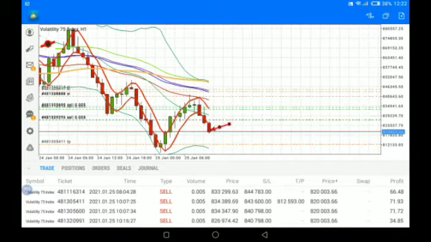This is price and this is TP. Price is approaching TP accordingly.